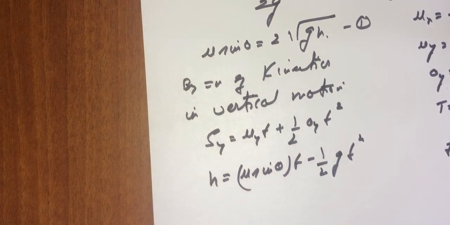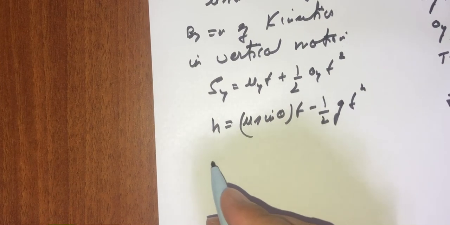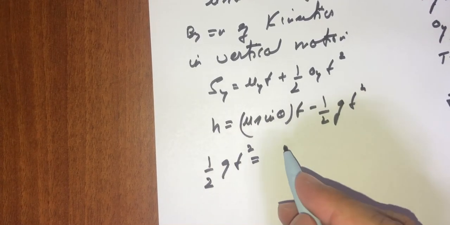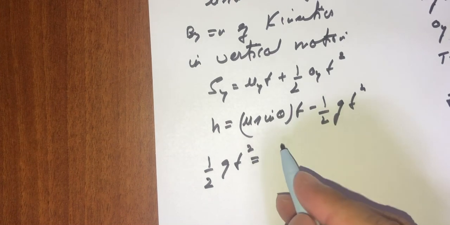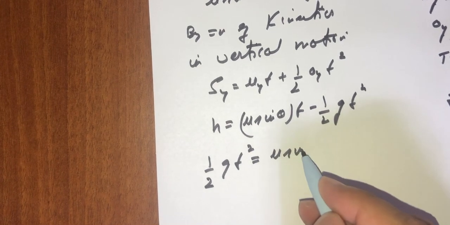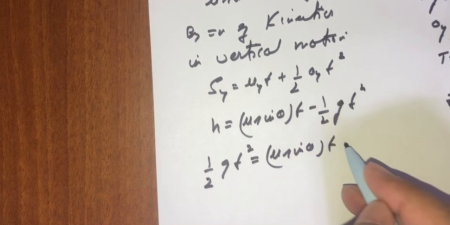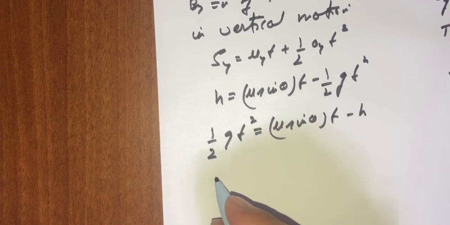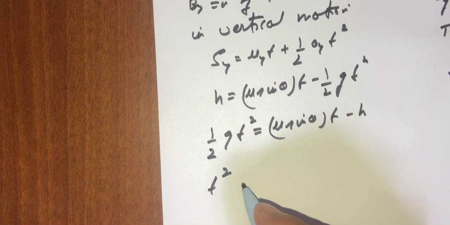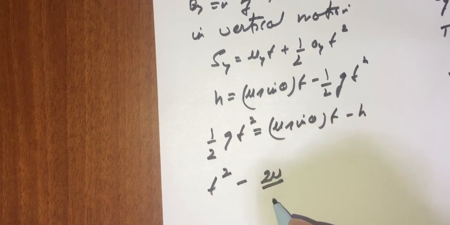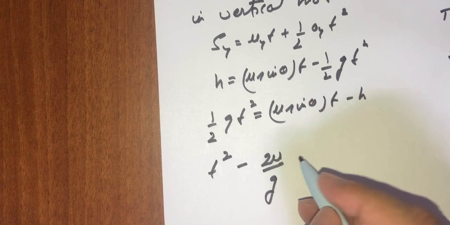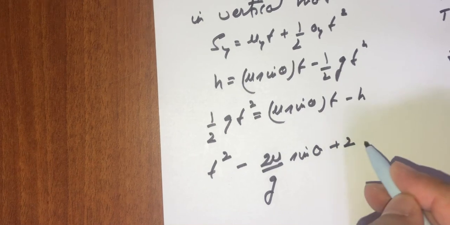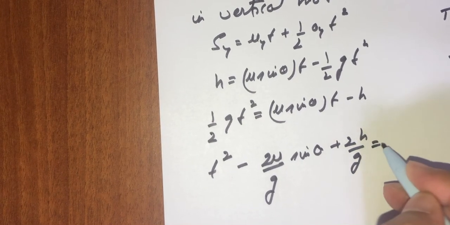From here we can solve it. We can write this as half g t square is equal to u sin theta into t minus h, and we can make it a quadratic in t, so this can be written as t square minus 2u divided by g sin theta t plus 2h divided by g equal to 0.